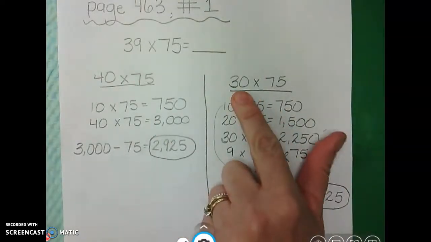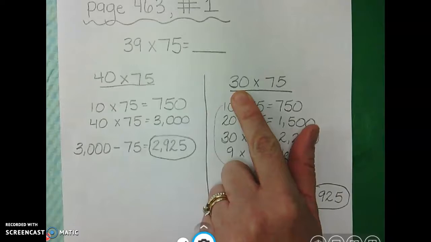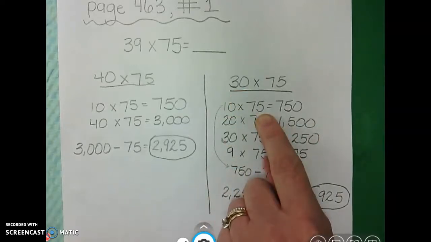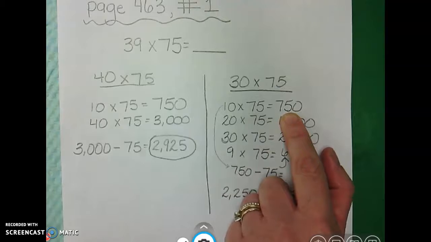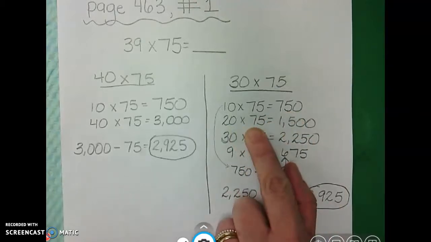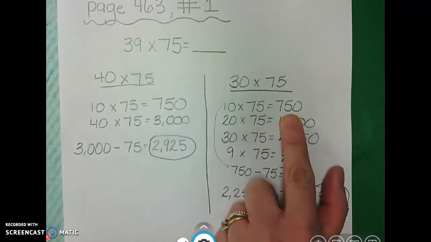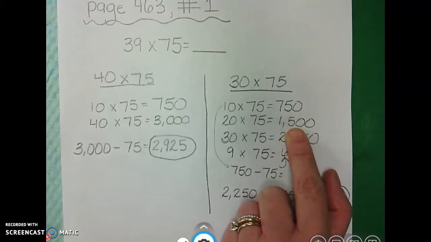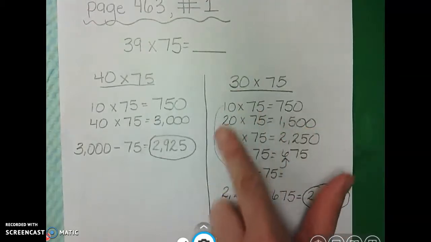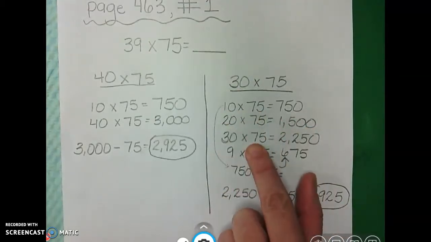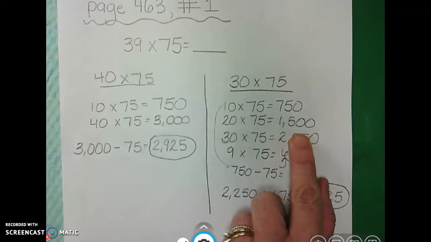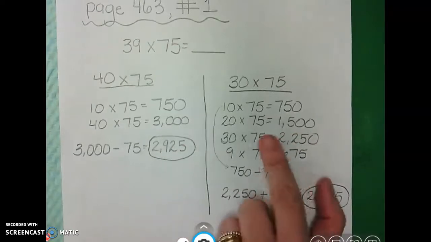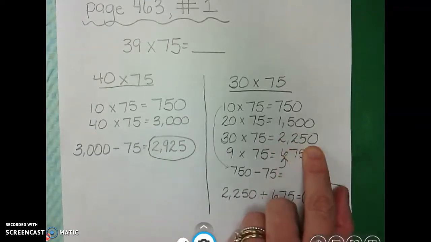I'm going to break this 30 down into friendly numbers, powers of 10. So 10 times 75, as we know, is 750. 20 times 75 is 750 plus 750, which is 1,500. And 30 times 75 is 1,500 plus 750, and that would be 2,250.